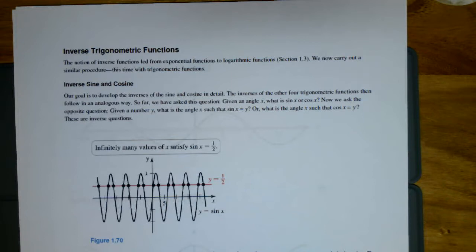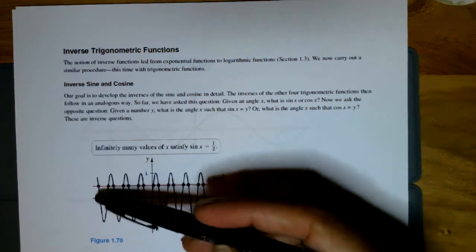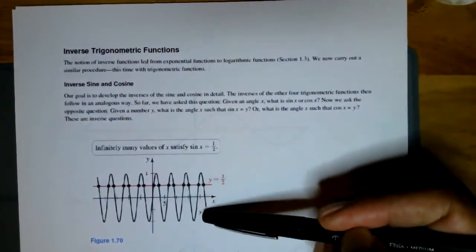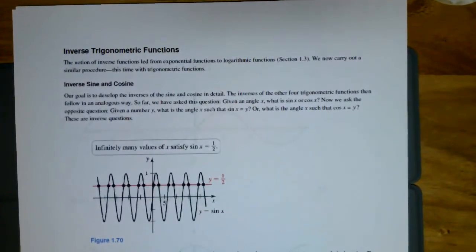Now, what I have here is an illustration of the graph of y equals the sine of x. This is what the graph of that sine of x function looks like, and it goes on and on forever in both negative and positive infinity. Let's say I want to find out what value of x makes the sine of x equal to 1/2.